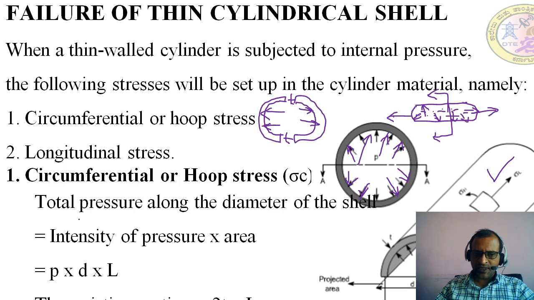Intensity of pressure means whatever liquid or air under pressure you are storing there, that has the intensity of pressure P. And the area, how do we find the area now? Area is the diameter into L. Diameter into L means the projected area. Projected area means this area, along like this.